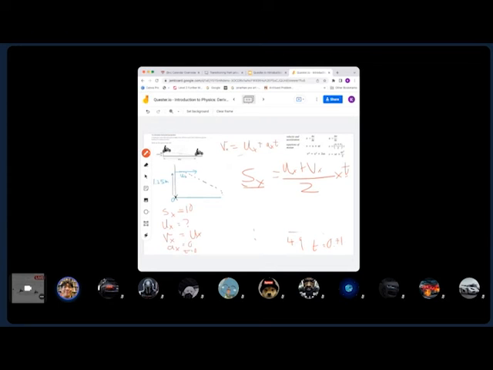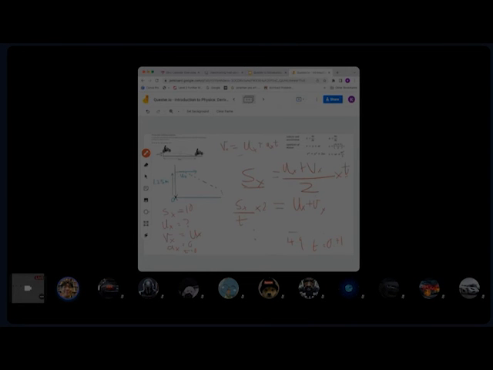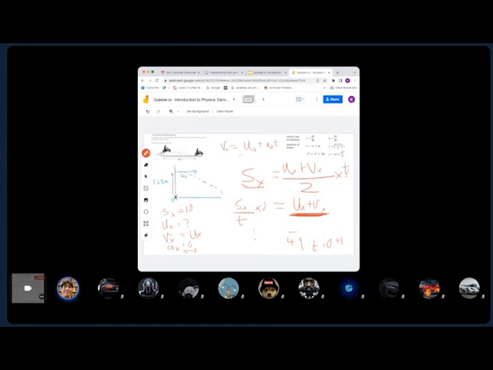So s of x divided by my time of flight, because I have this 2 over here, and then I just multiply by 2, and this is going to be equal to ux plus vx. Because these two are the same, like we mentioned before, ux is equal to vx, because the horizontal velocity isn't affected by gravity.